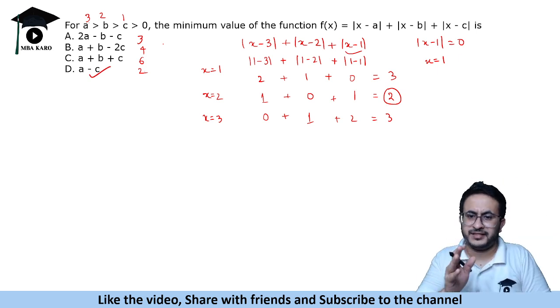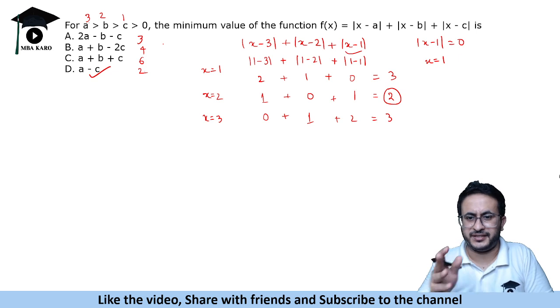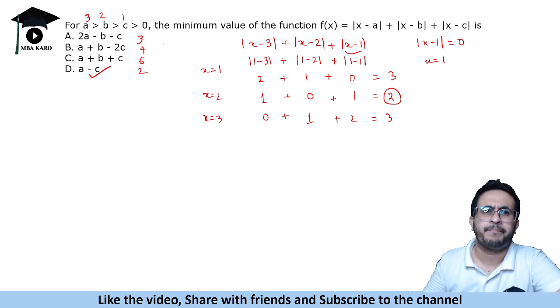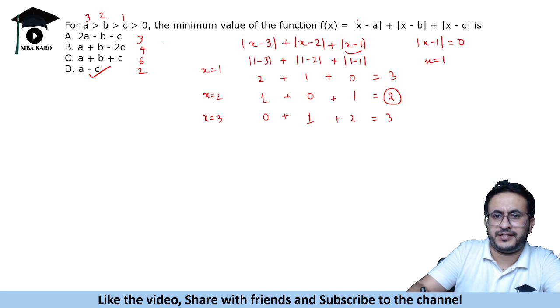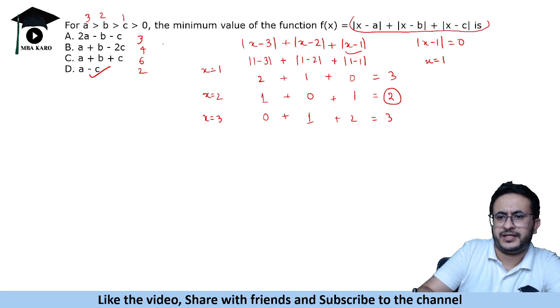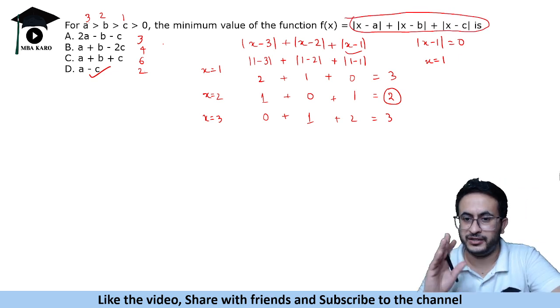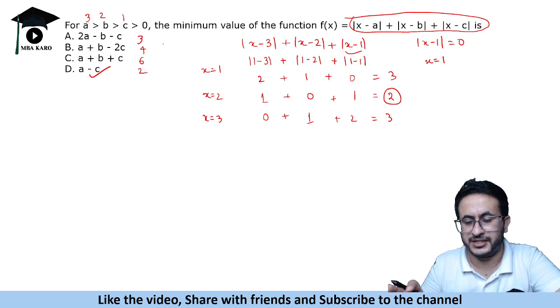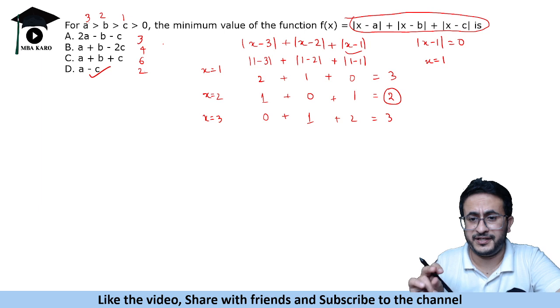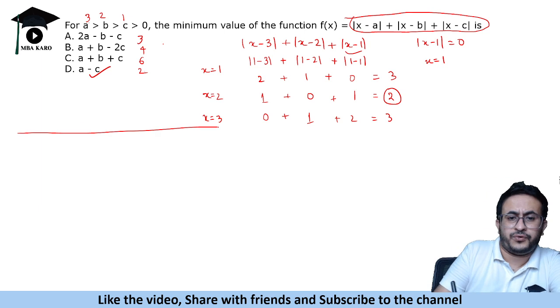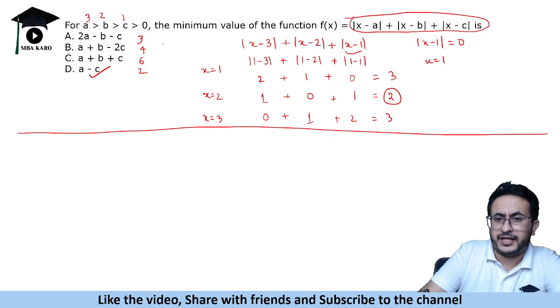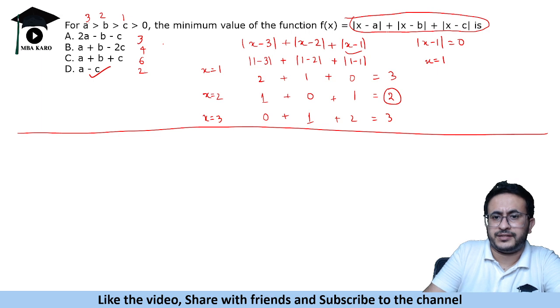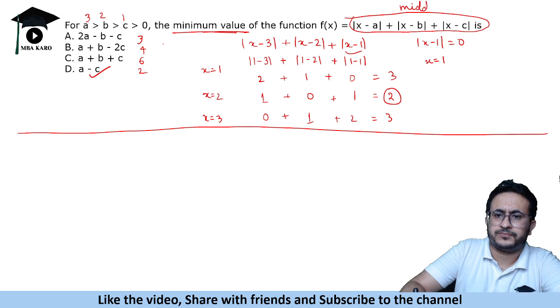Now that is the technique way, right? We take these random values. Now remember, this is for those who don't know algebra but know how to do it by jugaad. This is the jugaad method. But the proper logical way of doing this is: if you are given this expression, the minimum value will happen at the middle value.